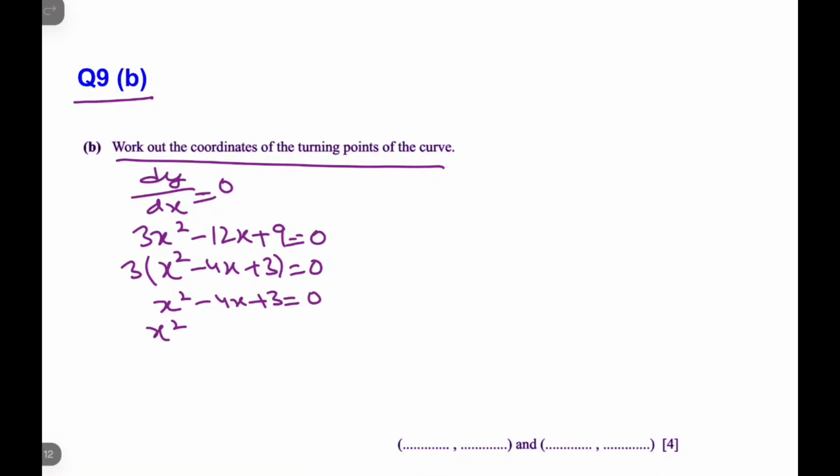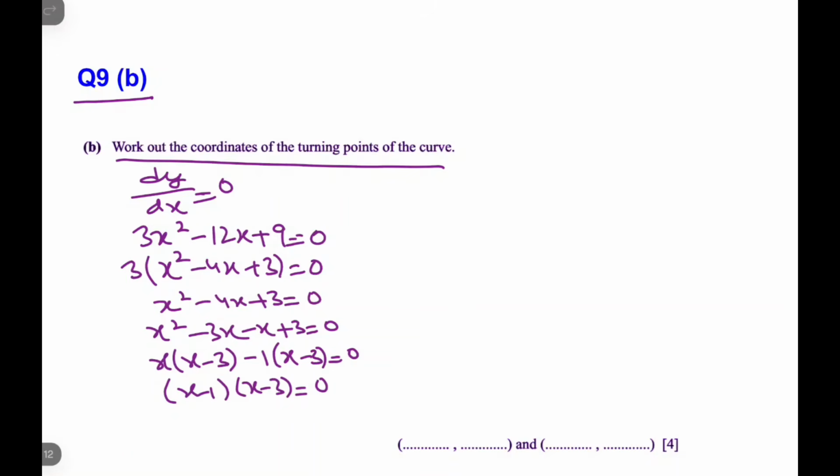This can be written as x square minus 3x minus x plus 3 equal to 0. We'll take common x times x minus 3 minus 1 common. We get x minus 1 times x minus 3 equal to 0. So x value will be 1 and 3.